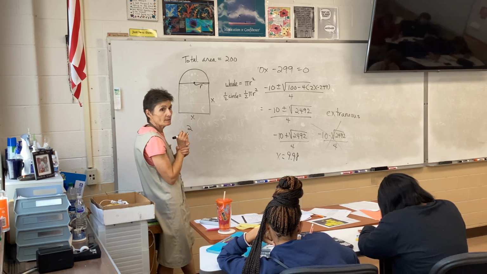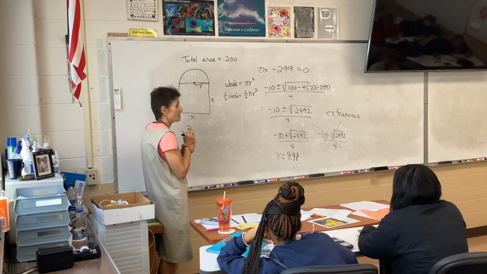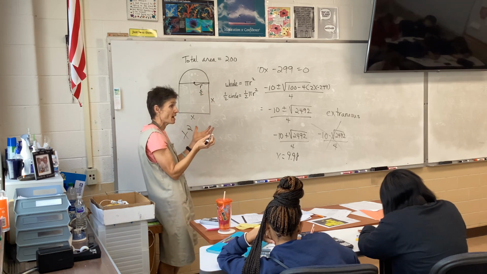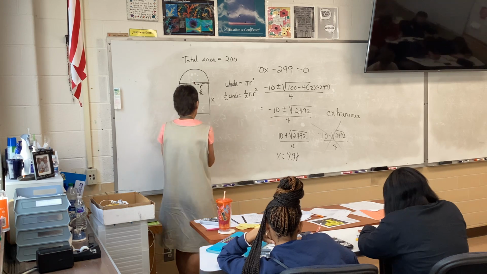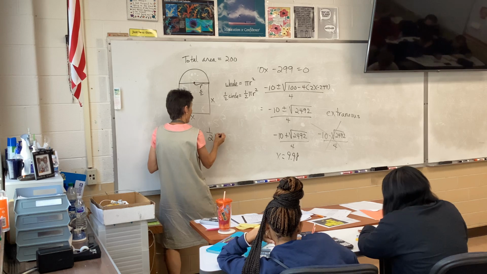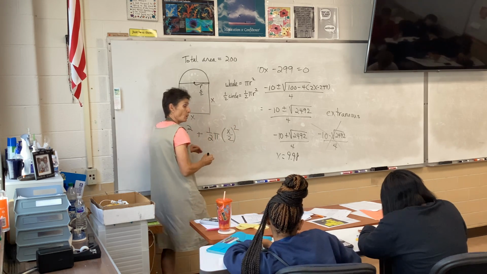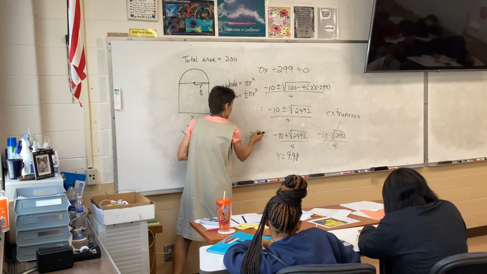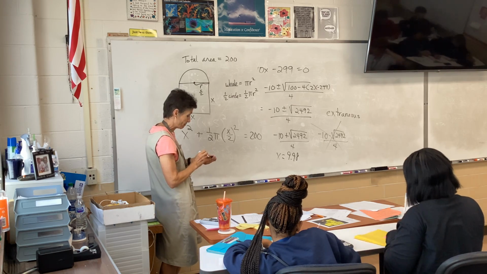Tell me how long that is. 1/2 x, or x over 2. Whatever's easiest for you. So the area of a half circle is 1/2 pi radius squared. Write this down. We're gonna start here next time. And that has to equal 200. So here's the equation we're gonna solve next time.